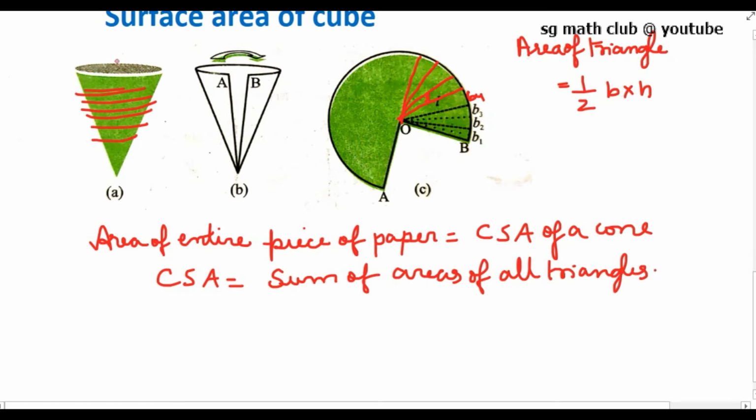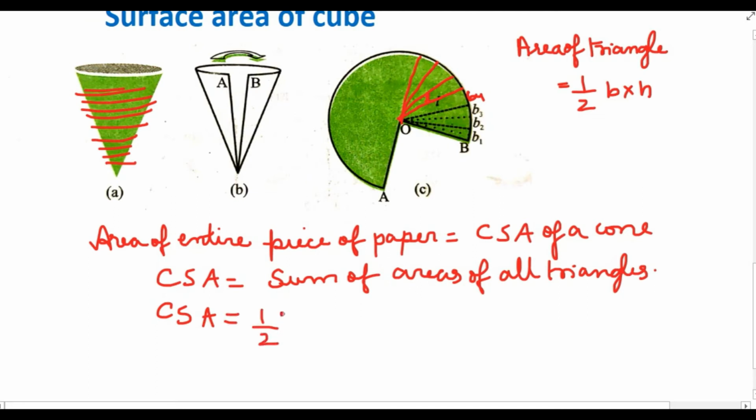When you cut the cone, you get a shape like a part of a round cake, and we cut this into small triangles, where the area of each triangle is half b1 into l, half b2 into l, and so on. That will give you the curved surface area of the cone.